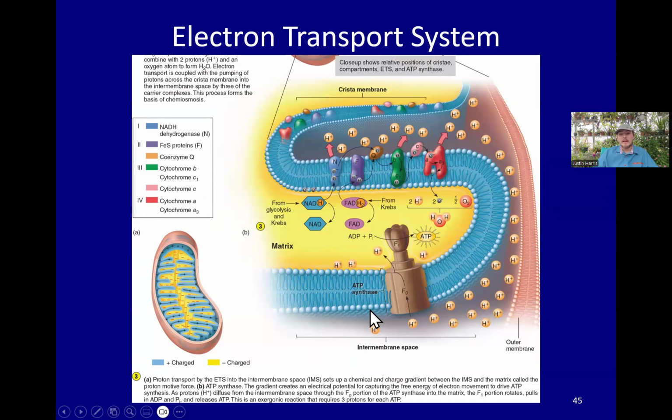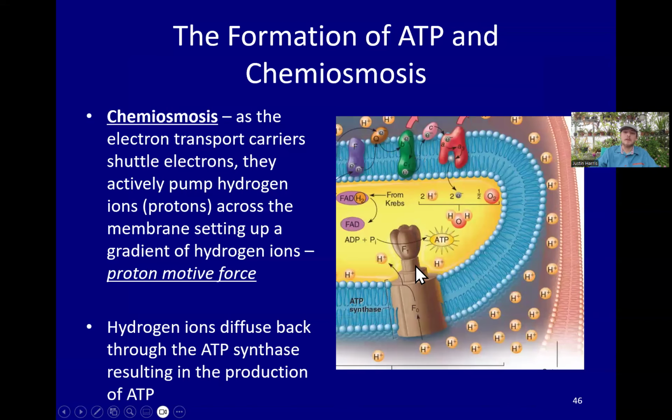And this chemical gradient allows us to use kind of like a water wheel or like a motor to take in ADP and phosphate and generate ATP by using the energy from the movement of these protons through the membrane. But this only can occur if we can have this chemical gradient occur.